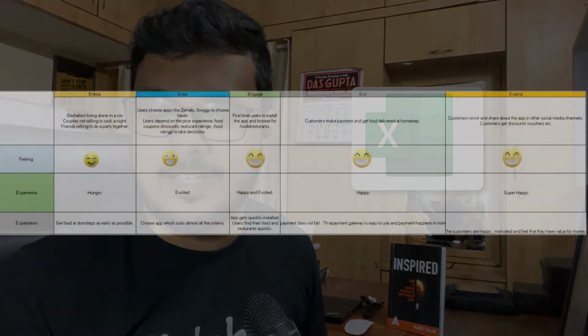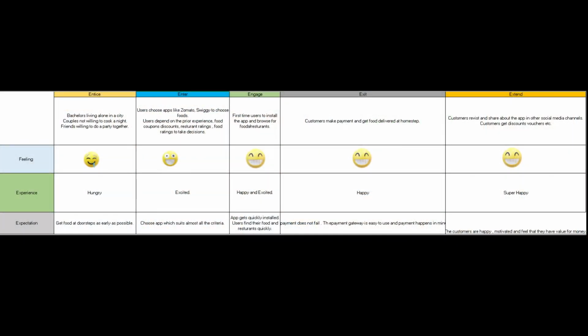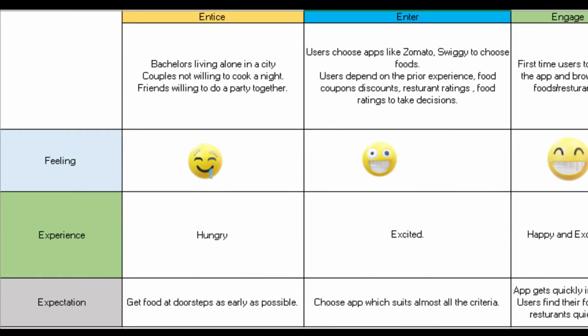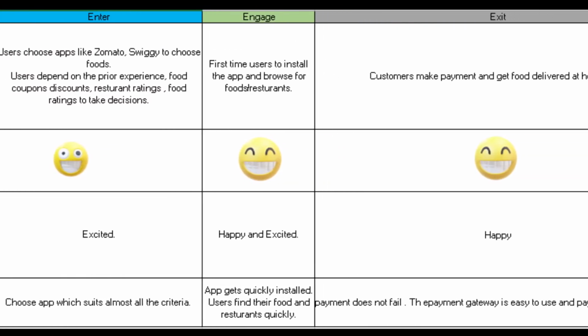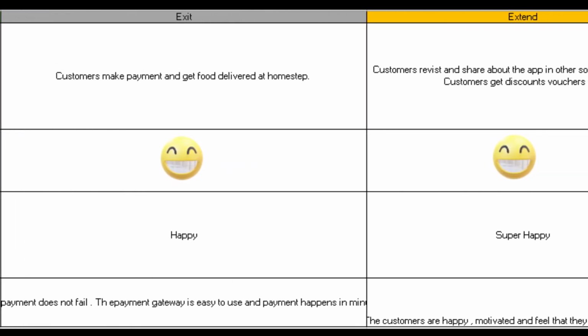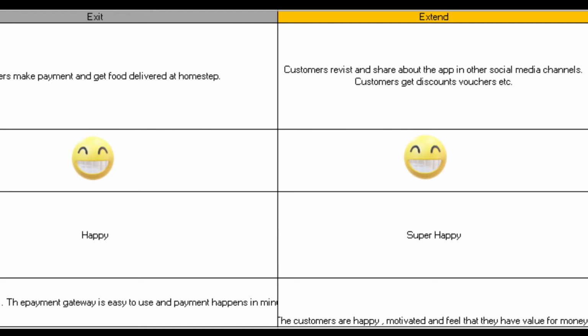Second, if you really don't have a tool, you can simply start by using Excel. See the illustration over here. I have used Excel and marked each step, enter, engage, exit and extend, on Swiggy and tried to understand how a user feels while using this particular product, which is Swiggy.